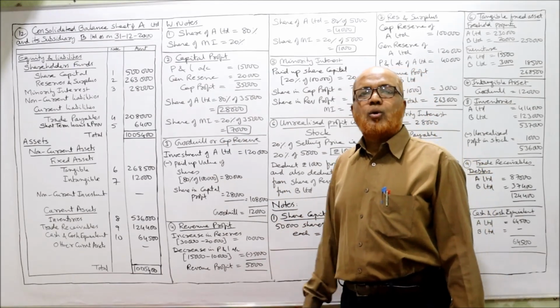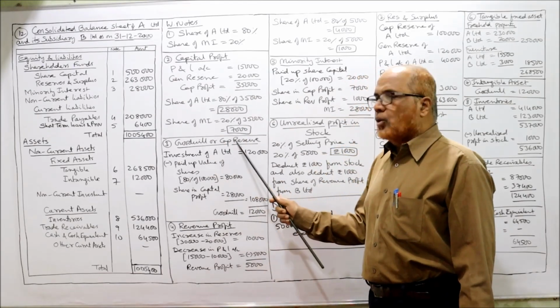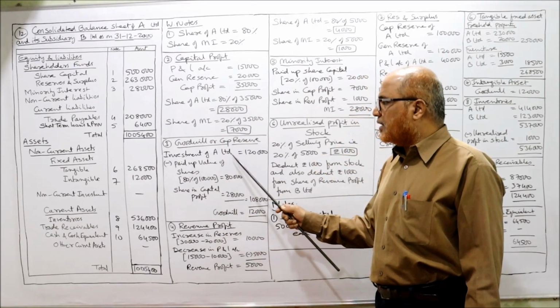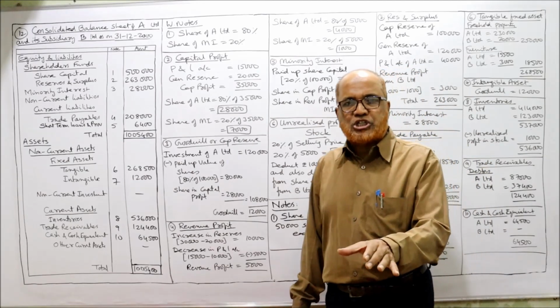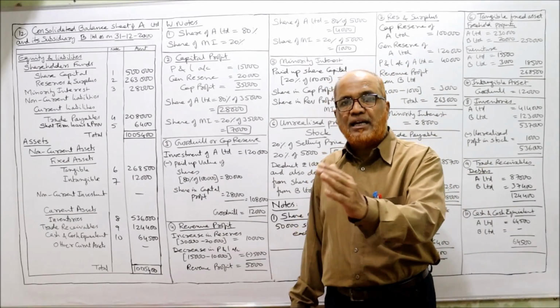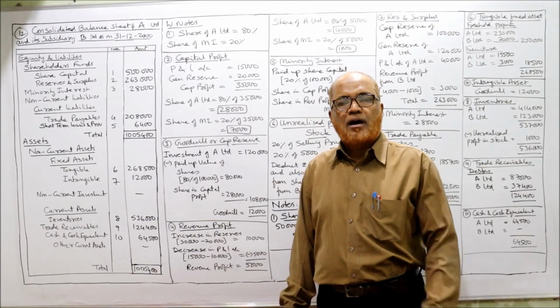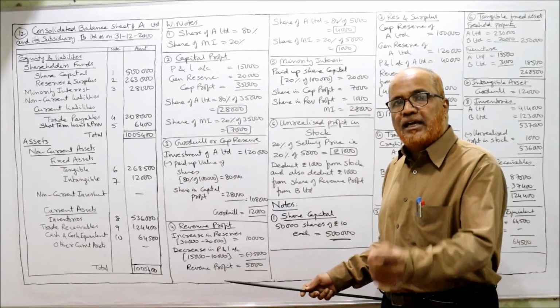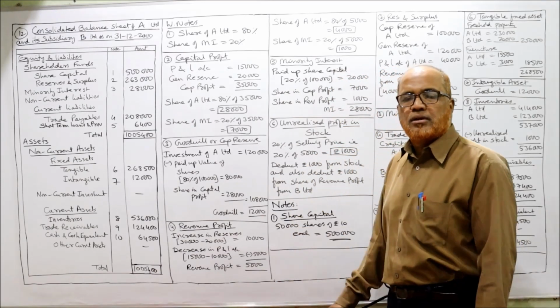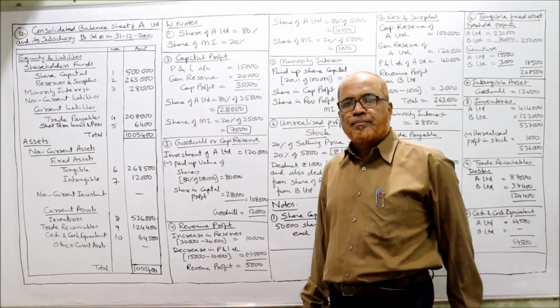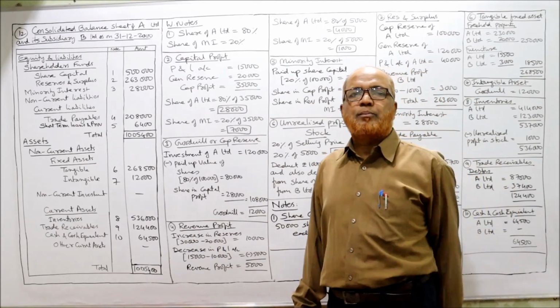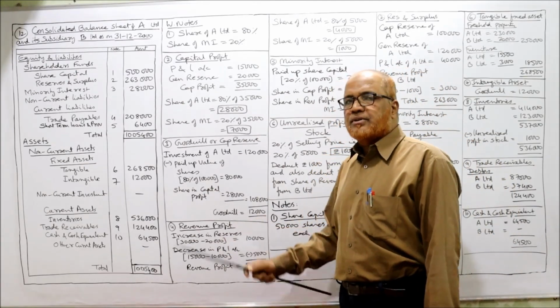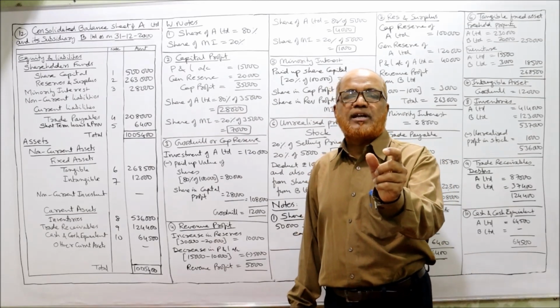Now easily we can find out goodwill or capital reserve. Goodwill or capital reserve: investment of A Limited. You can see in the balance sheet, asset side, investment in B Limited. How much investment has A Limited made in B Limited? 1,20,000. Now from this we deduct two items: paid up share capital and capital profit. Paid up share capital is 80% of share capital.